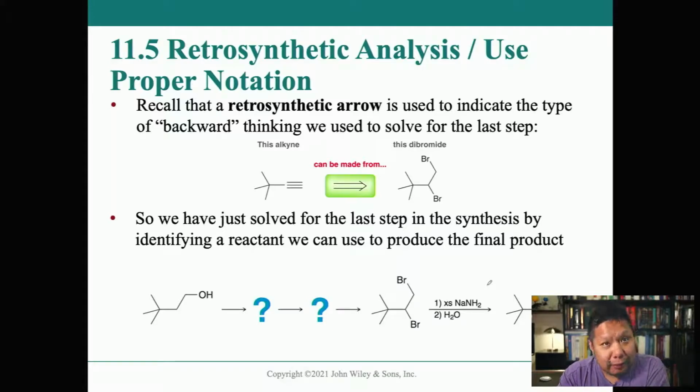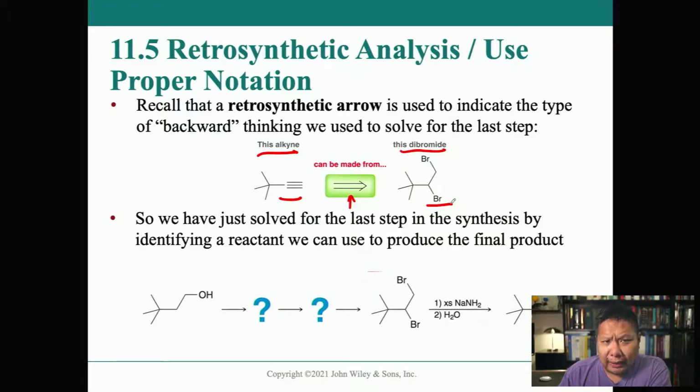Recall that the retrosynthetic arrow is used to indicate the step of thinking backwards that we use for the last step. So this is our retrosynthetic arrow, okay? So this alkyne right here can be made from this dibromide here.